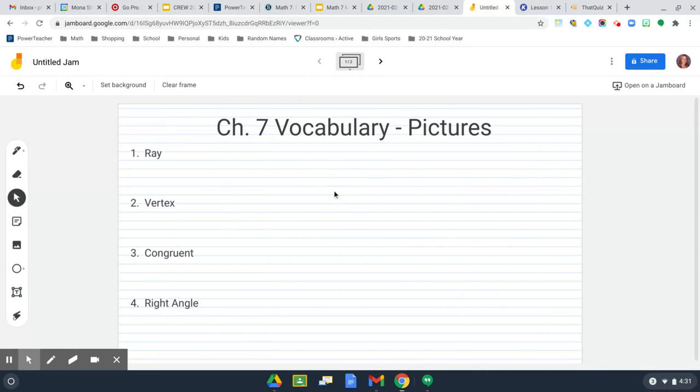We're going to start looking at ray, the first vocab term. I'm going to read the definition to you, and you're going to take your pencil and draw the pictures that I draw so you know what it looks like with the definition. A ray is a segment, a line of an angle. Let me change colors here.